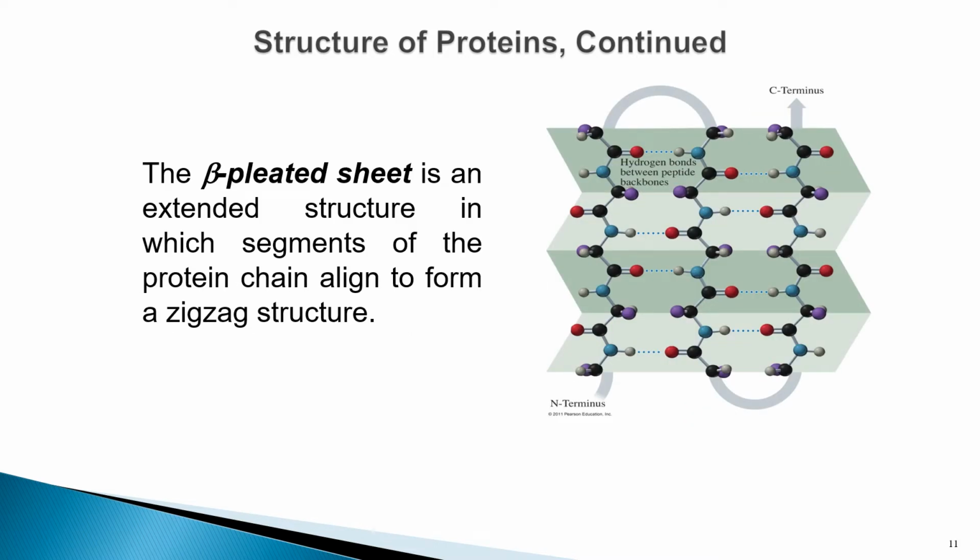Here you can see the beta-pleated sheet. The beta-pleated sheet is an extended structure in which segments of the protein chain align to form a zigzag structure, as shown on the screen. This is labeled as the N terminus and this is the C terminus, with hydrogen bonds between the peptide backbone.